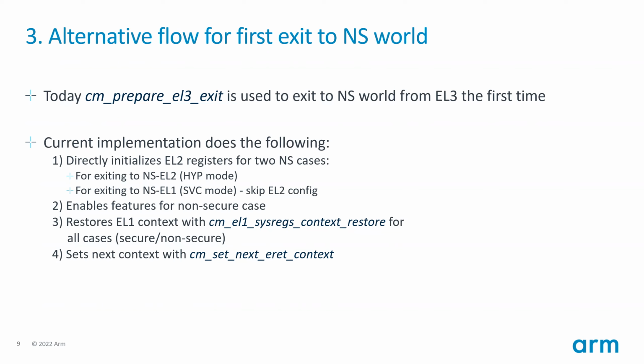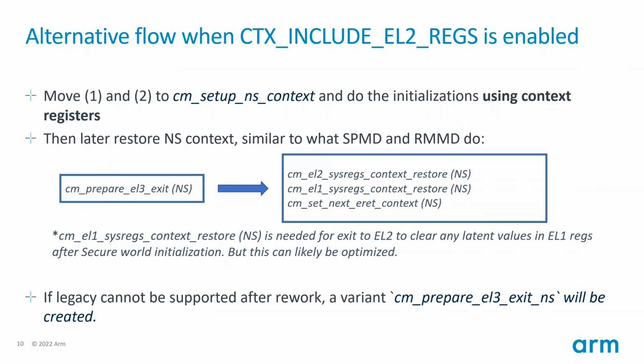Next slide. What we are proposing is to move the initialization code to the setup function for the non-secure context, which is the same setup non-secure context, and do the initializations using the context registers. This way we can avoid errors where we might have inconsistencies during initialization.